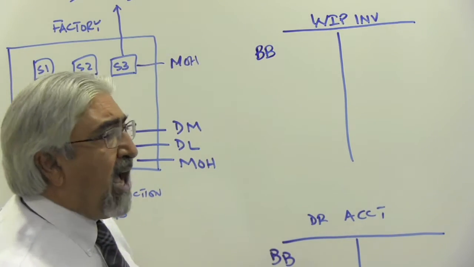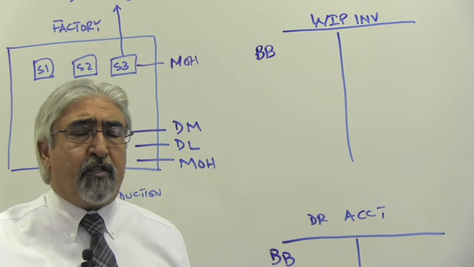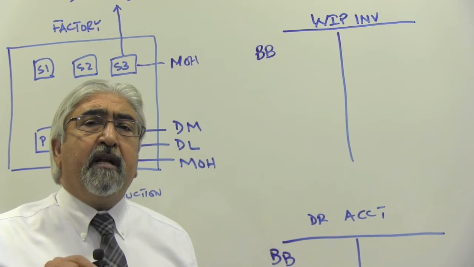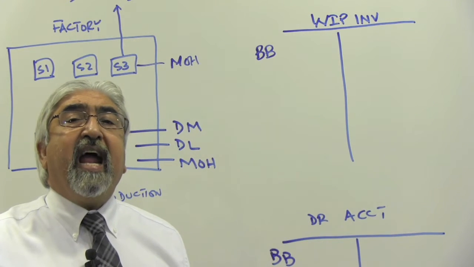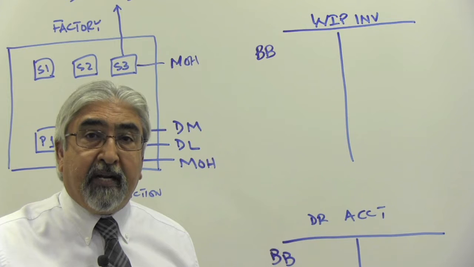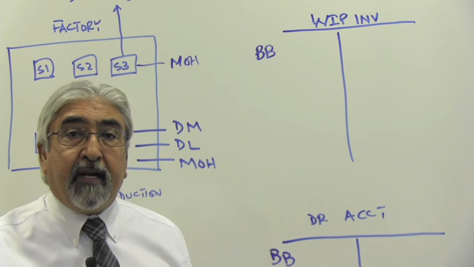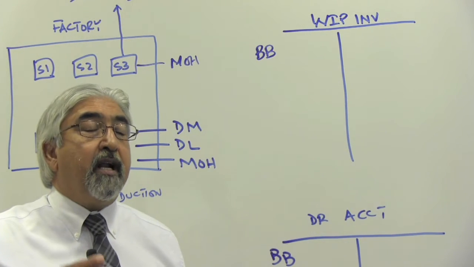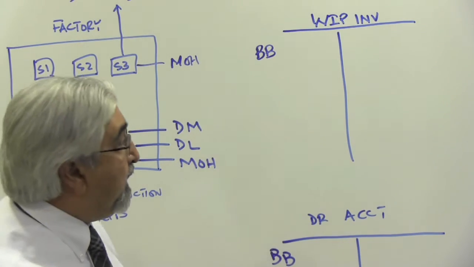This beginning balance is the sum of all the production costs, direct materials, direct labor, and overhead that have been incurred on the units that were incomplete at the beginning of the period. That means they were incomplete at the end of the period, right? So direct materials, direct labor, overhead in the incomplete units at the beginning of the period.